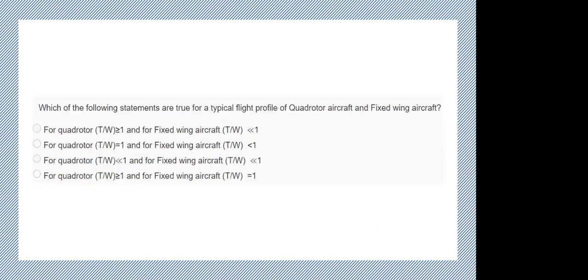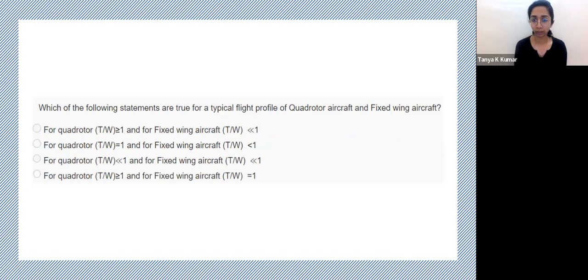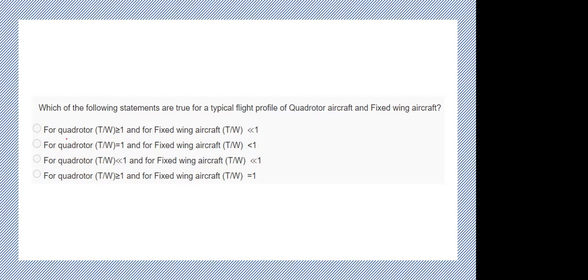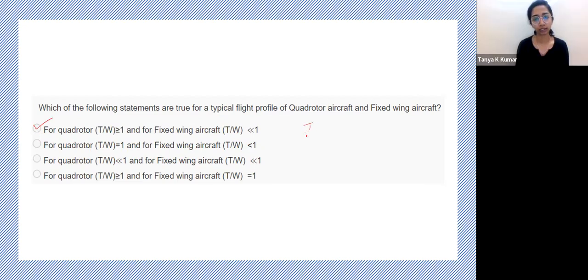Which of the following statements are true for a typical flight profile for quadrotor aircraft and fixed wing aircraft? We had discussed this question, I think, in the second or third session. So what is the correct answer? First option. Okay, so it says for a quadrotor, thrust by W is greater than or equal to 1.